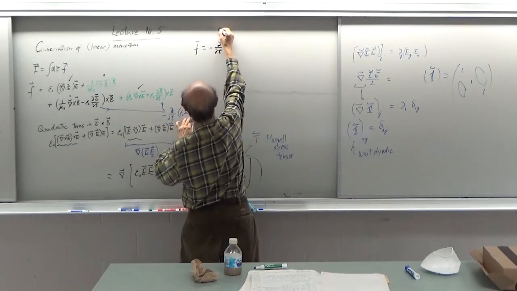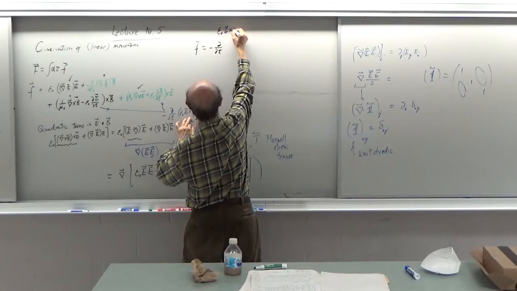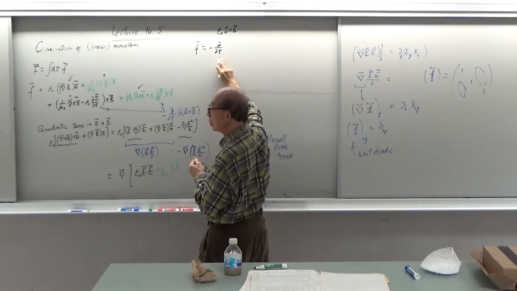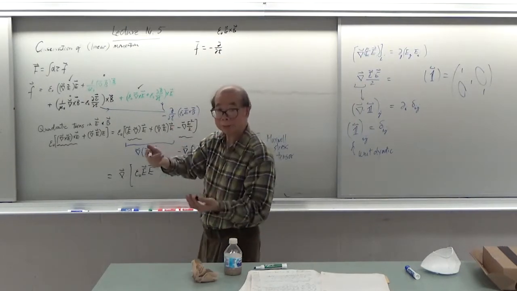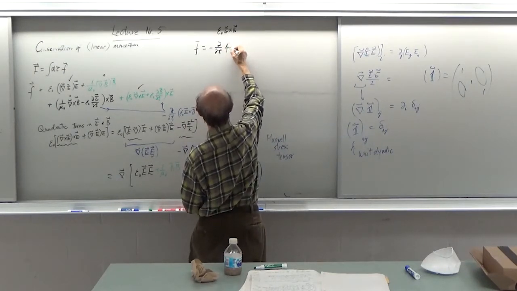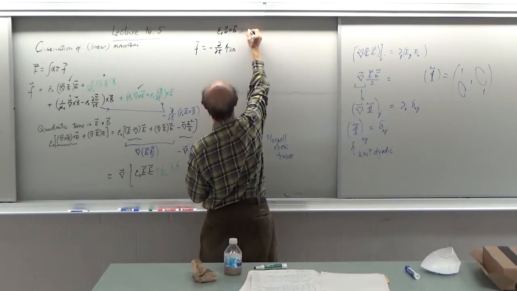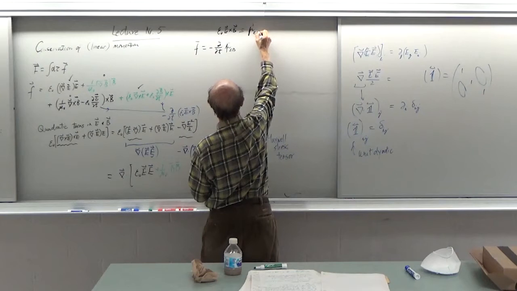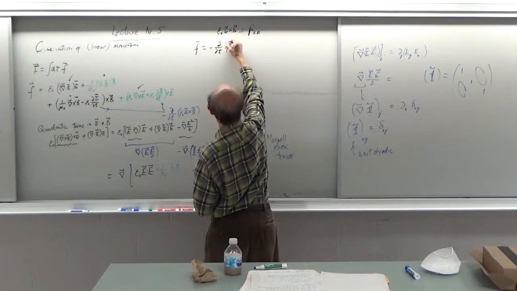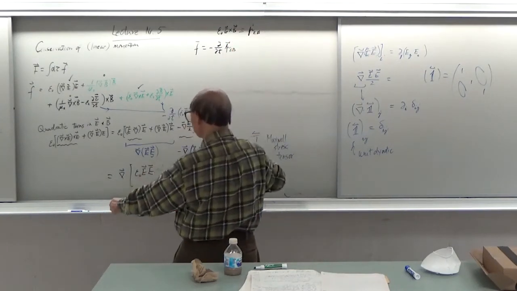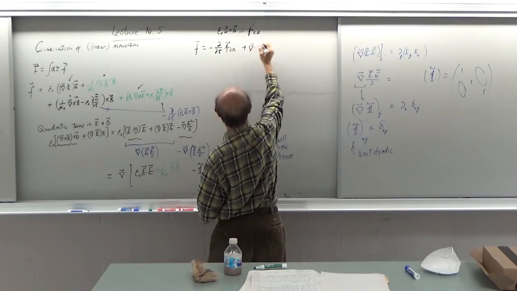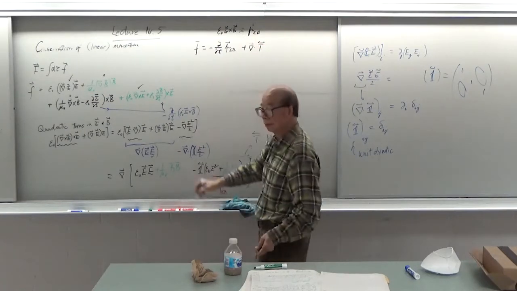And this combination is from E cross B. Since F is force density, that is equal to minus the rate of change with time of the momentum density carried by electromagnetism. And this is defined as the momentum density, P sub EM. And then plus the divergence of this Maxwell stress tensor.